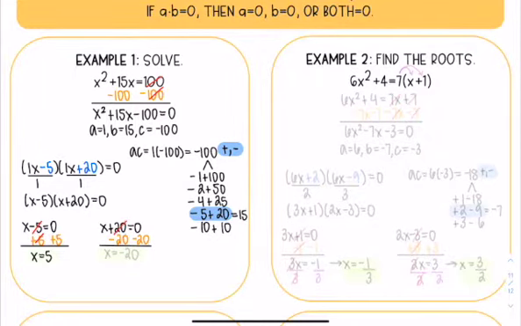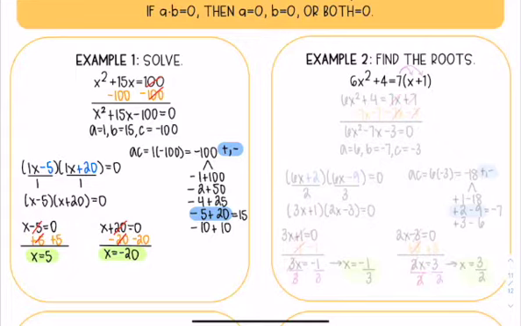And so it ends up canceling on the left, and we get x equals negative 20. So our two solutions are x equals negative 20 and x equals 5. Let's go ahead and try another one.